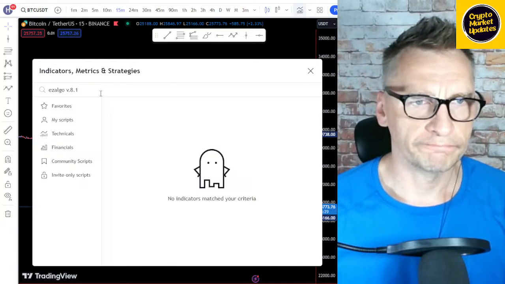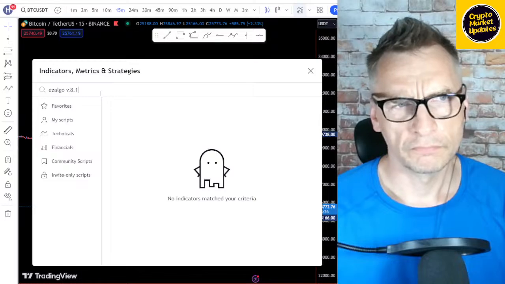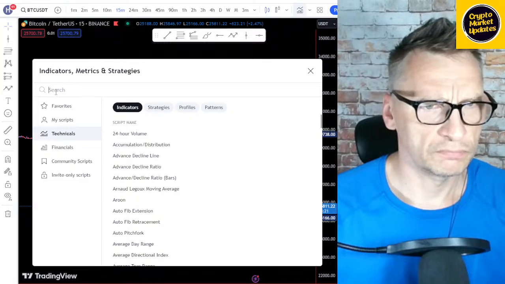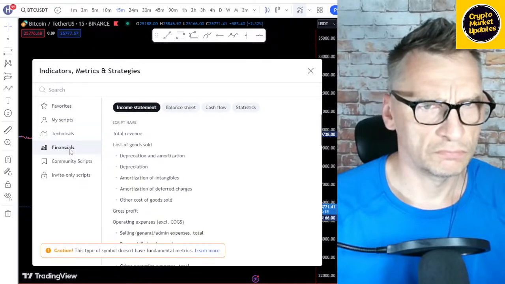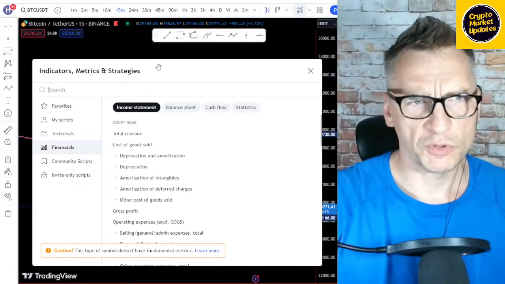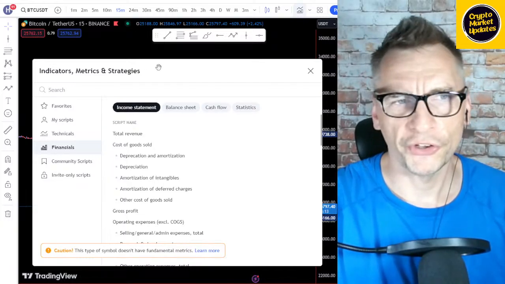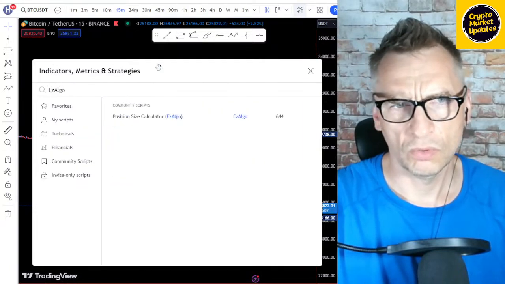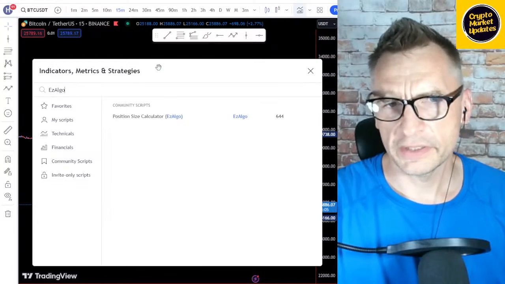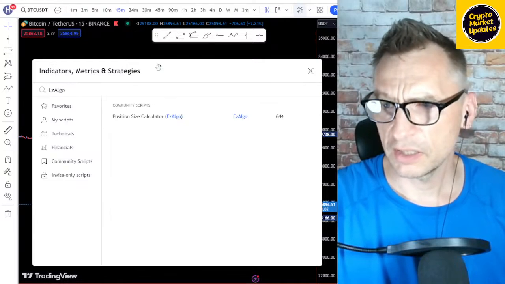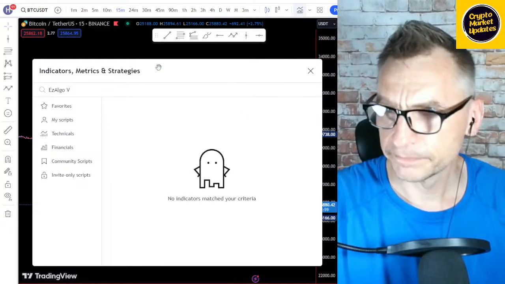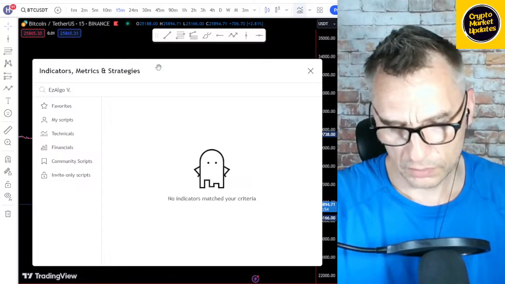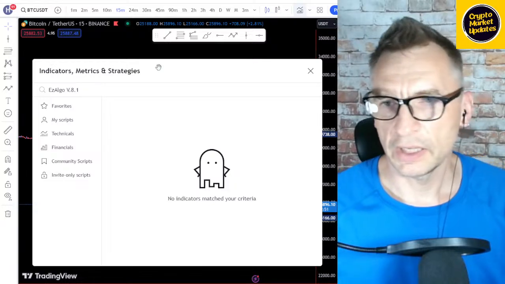Or it might be that it comes with a purchase of a membership on TradingView. Let's try that again. Easy Algo. It is this guy here, but position size calculator, but it's not V8, version 8.1. Yeah, no, this is paid.